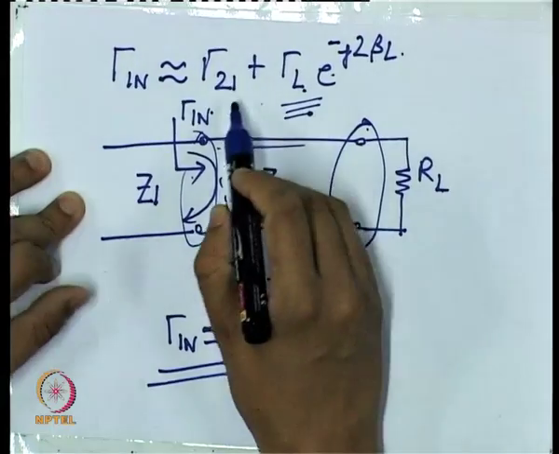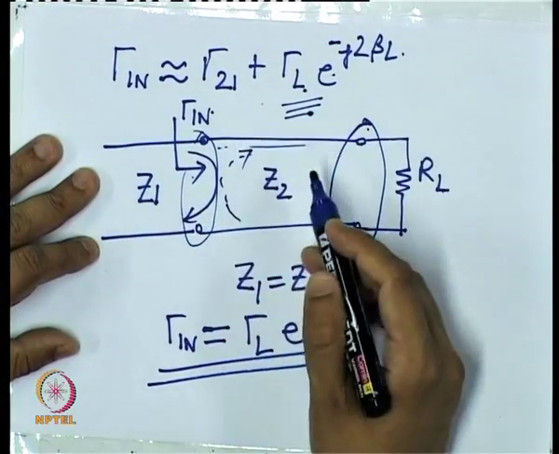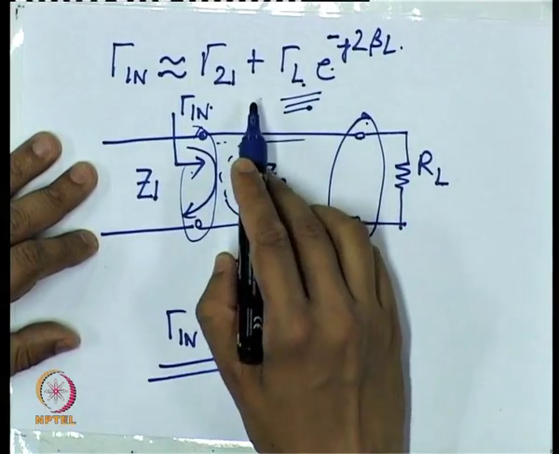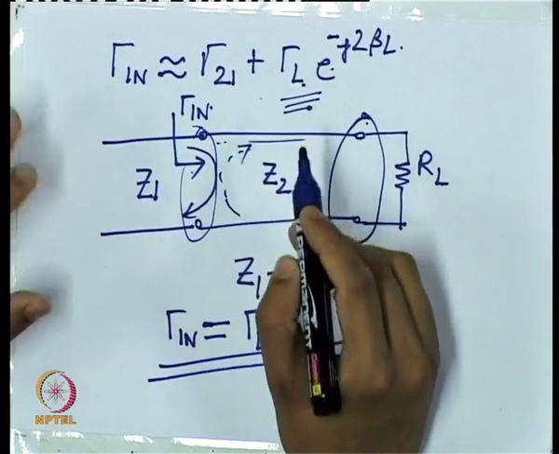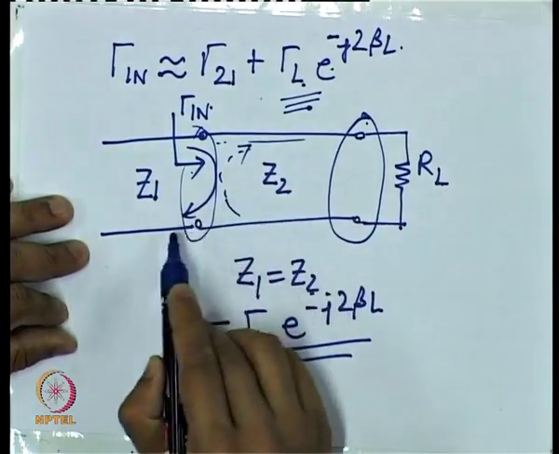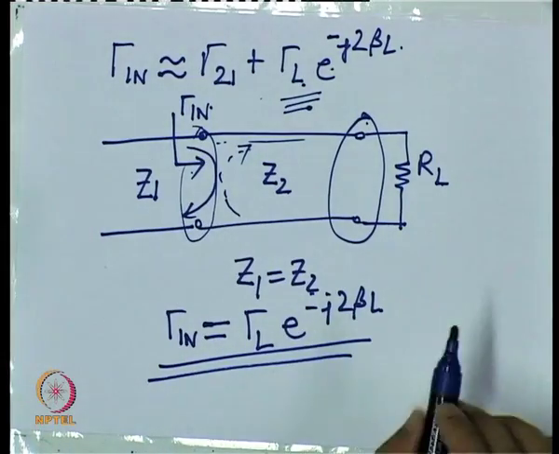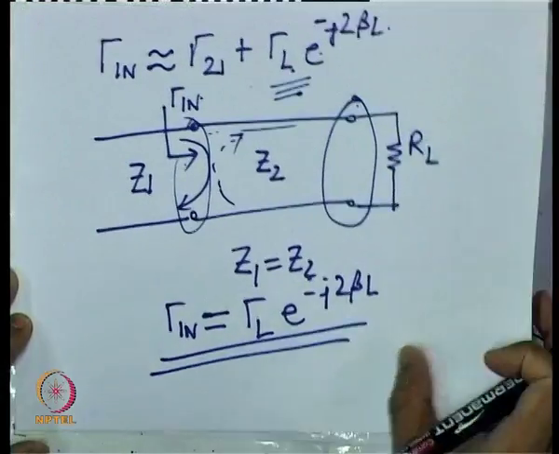Now that we have this simple expression, it becomes much easier to derive the condition when we have not two sections but n sections cascaded with each other. Let us see what happens when n sections are cascaded.